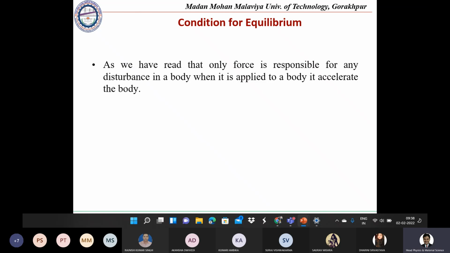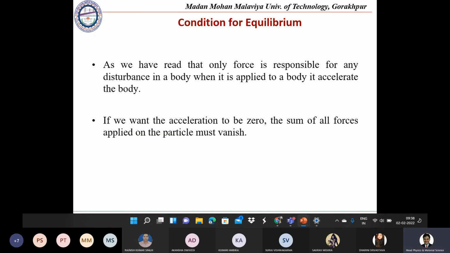When it is applied to the body, it accelerates it. As we have discussed sufficient issues and aspects related to motion, stability, the action of the force and the effect of the force on the body under the heading of Newton's laws of motion.